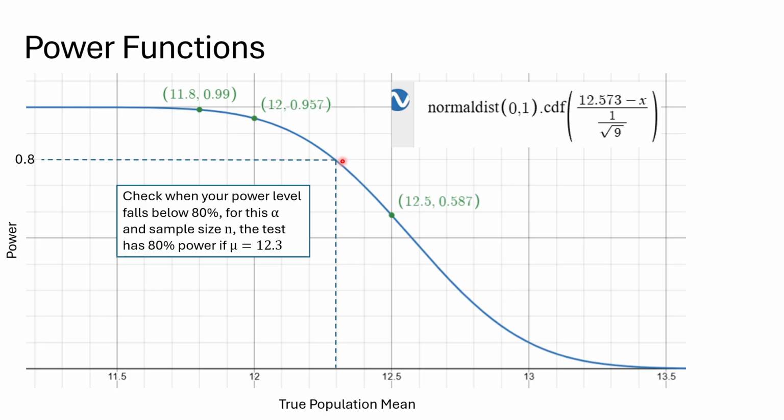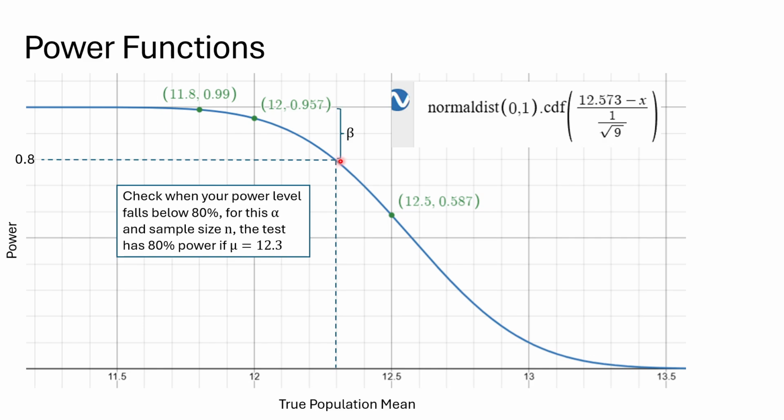When the power level falls below 80%, for this alpha and sample size n given in the problem, the test has 80% power if mu is about 12.3. So that's something great you can do. You can check specific true population means. You could see how far away from the hypothesis you would need to get a power that is high enough for you to be confident in your result, or confident that you will have enough evidence to show your result.